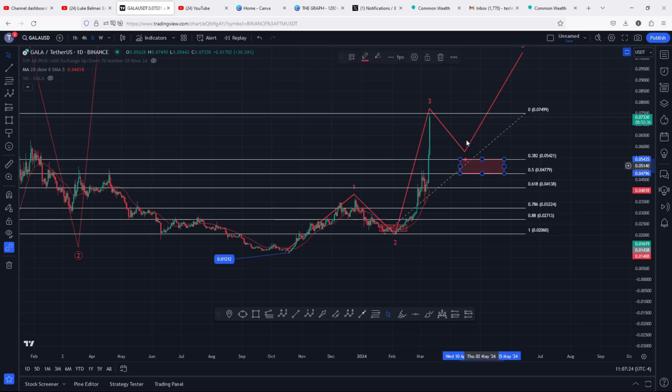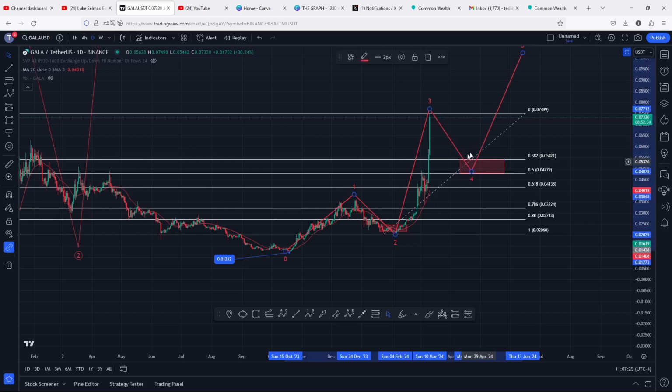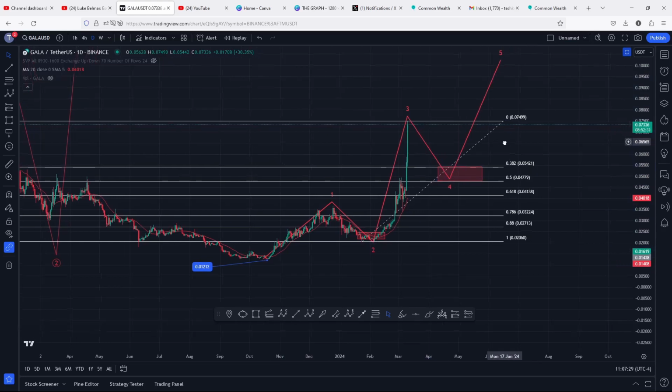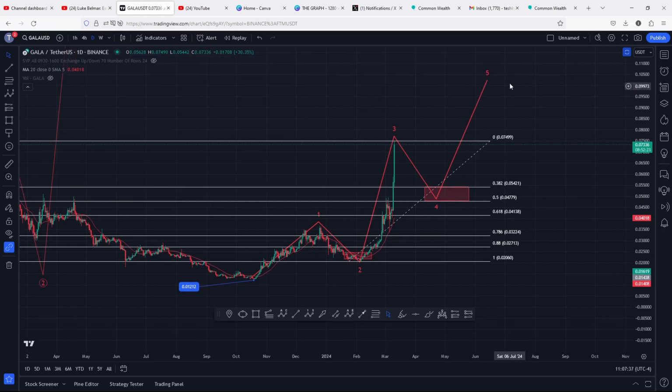And that is the target area that we can watch out for in case of a pullback in the next coming hours. And as long as we continue holding within the area, then we can expect another massive bounce to the upside, breaking above the 0.1 mark in the next coming hours.